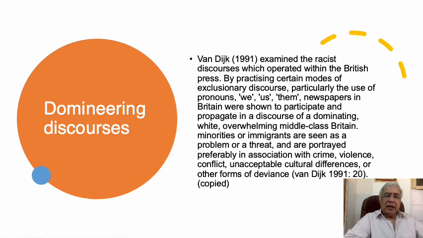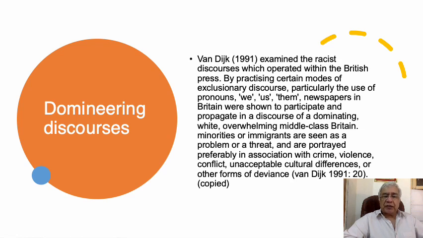There are certain discourses, according to Van Dijk, which are dominating discourses. For example, racist discourses, which are sometimes repeated in the British press. By practicing these modes, one becomes divided into two parts, that is, we and us, and them. Most of the time, the dominating discourse would be saying that we are the people who are being dominated and overwhelmed, and these are the other people, or them.